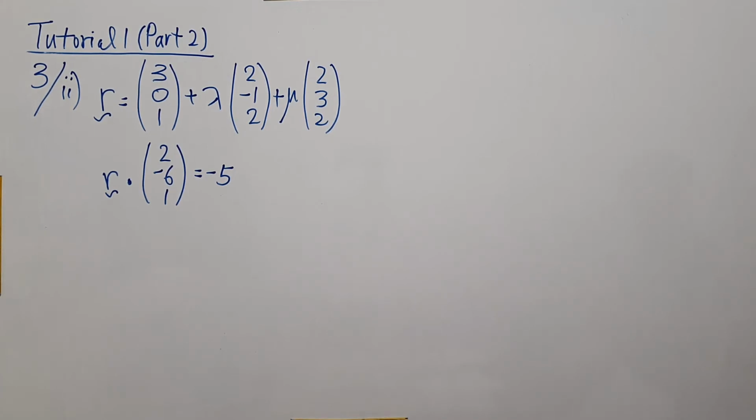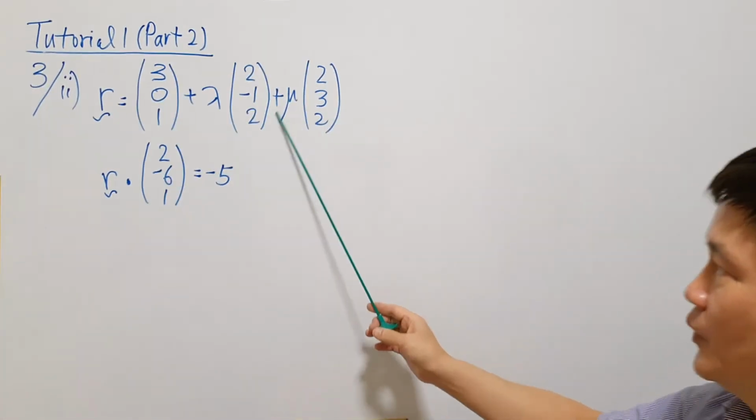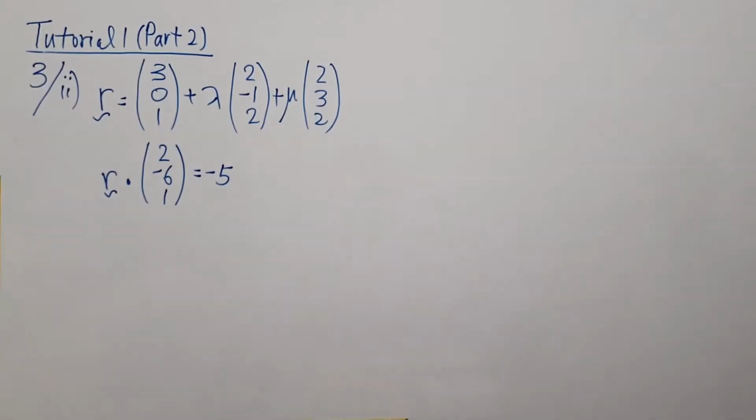Okay, just like in 3 part 1, the idea here in trying to solve these two simultaneously for the intersecting line is that we will try to establish a relationship between lambda and mu. And how do we go about this?